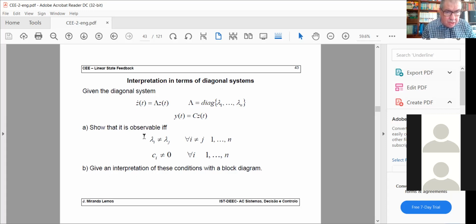You can use the same argument that we did in the controllability case to show that the pair lambda, C is observable if all the values in the diagonal are different and if all the elements of C are different from 0. This is left as an exercise, and I invite you to do it at home after you study the slides. If you don't succeed, let me know and we can speak by Skype.